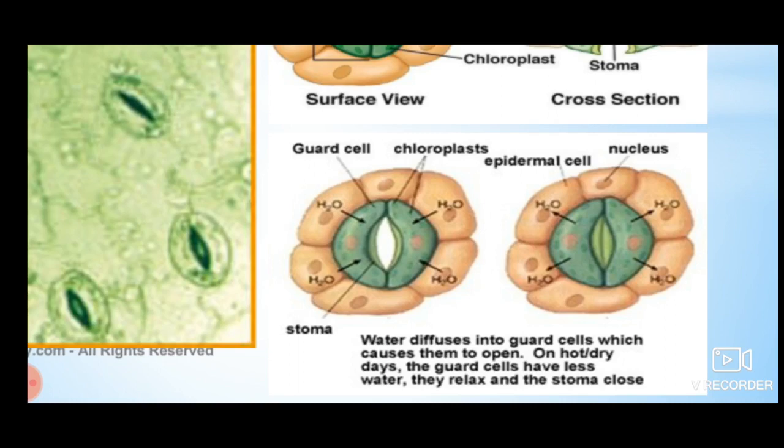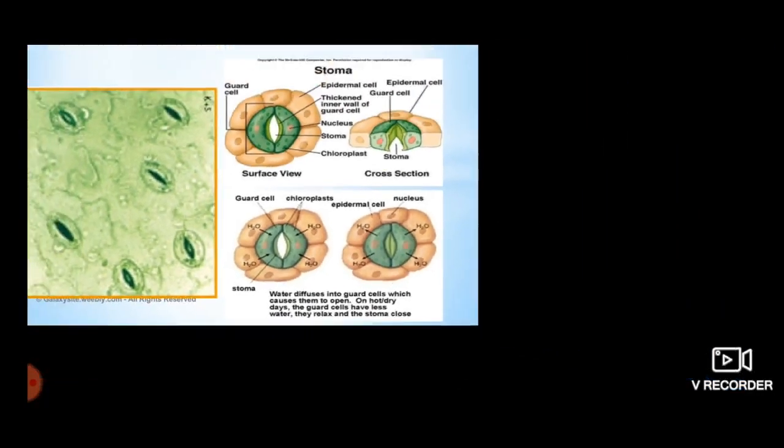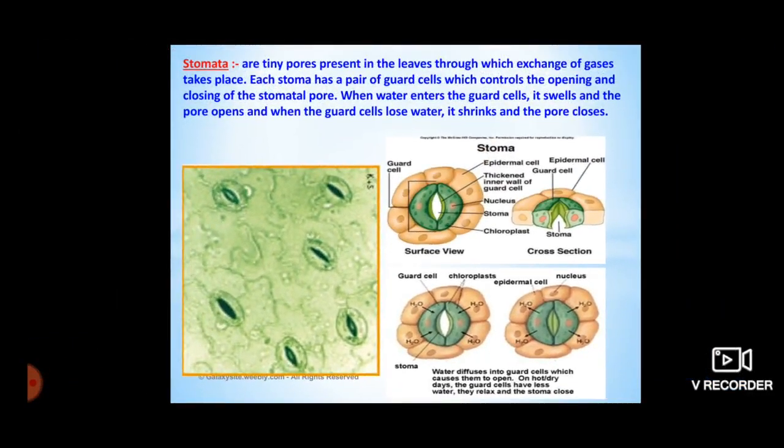Hence, the pressure exerted in the guard cells is reduced. As a result, they shrink. So the closing of stomata takes place in the plant's leaf. Like this, the opening and closing of stomata and stomatal pores takes place in plants.